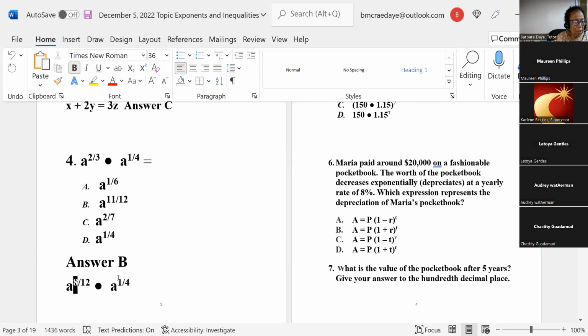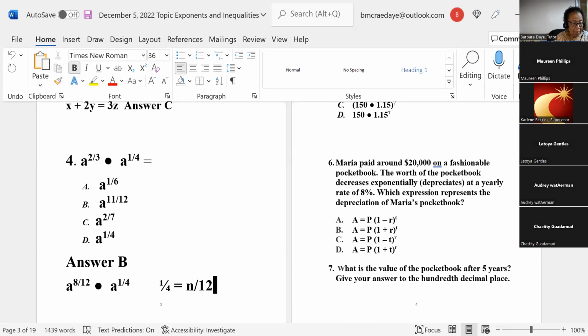Now, 1 over 4 is what number over 12? What I'm asking you is 1 over 4. That's equal to n over 12.